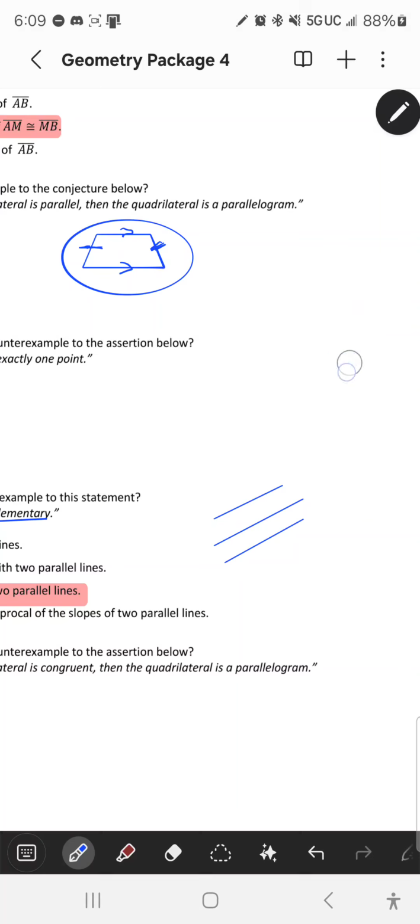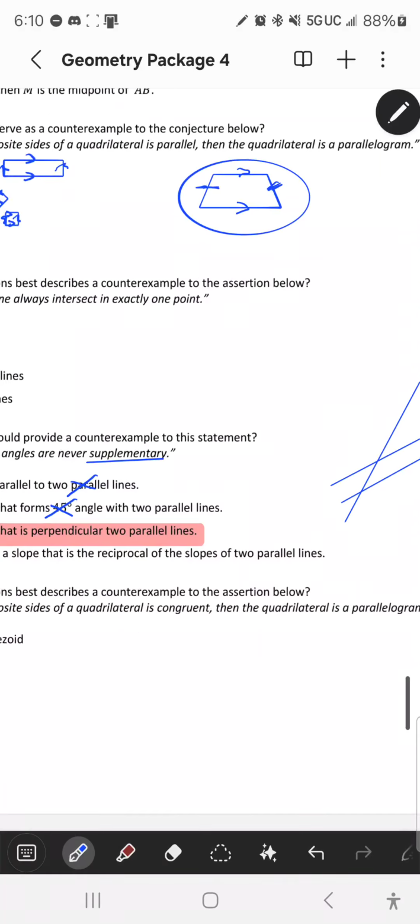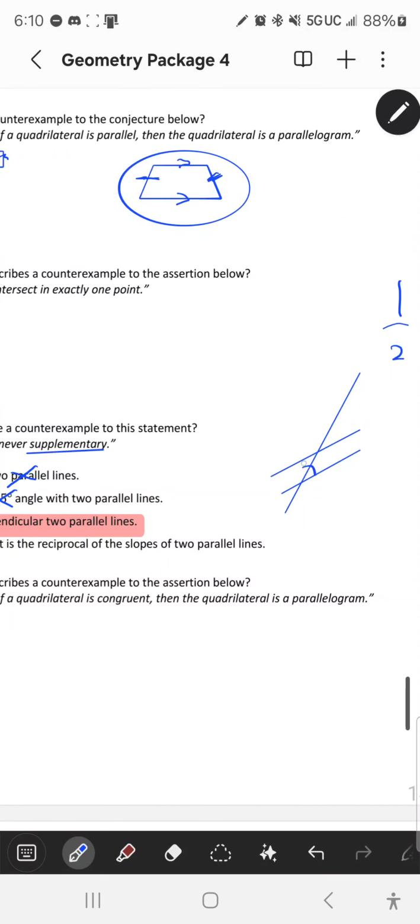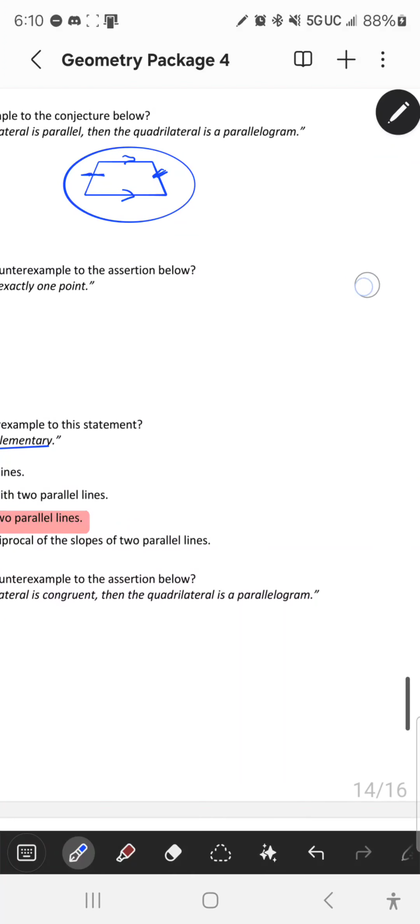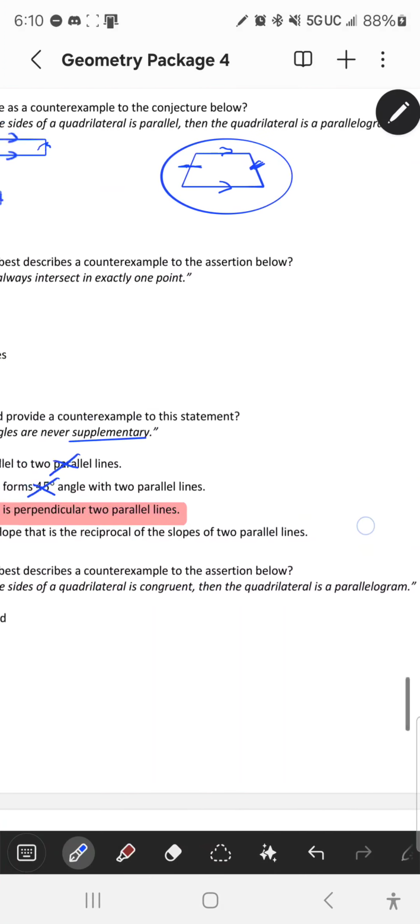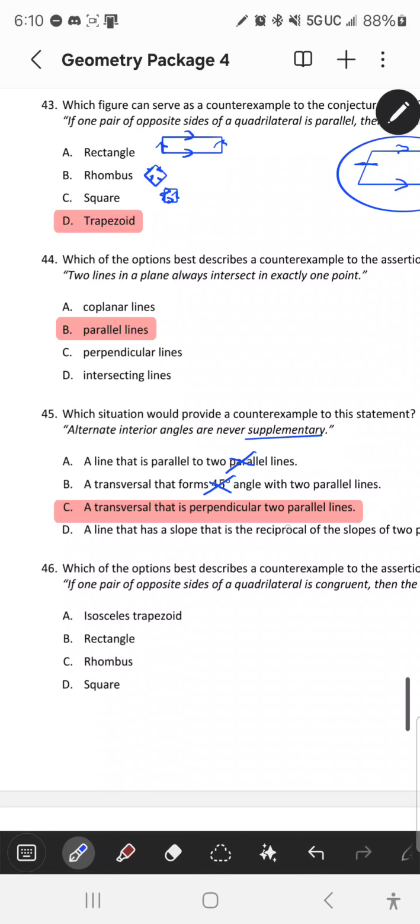If this, for example, has a slope of 1 over 2 and I flip it, then my slope will be 2 and the line will be something like this. Obviously the supplementary angles are not going to add to 180. It needs to be reciprocal and opposite to be perpendicular, so no.